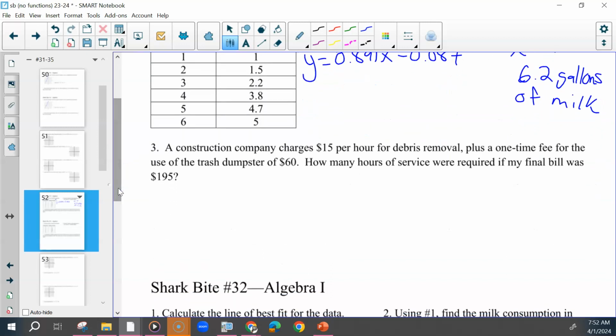Alright, a construction company charges $15 per hour for debris removal plus a one-time fee for the use of the trash dumpster of $60. How many hours of service were required if my final bill was $195? So you would need some variable, let's call that number of hours.